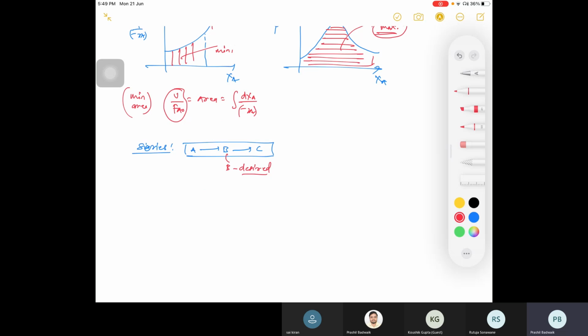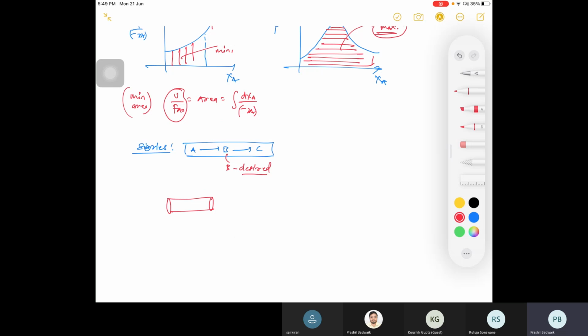And for this I told you about mixing. Suppose you have a TFR or any other equipment. In yesterday's class we proved that mixing is not good for your series reaction.